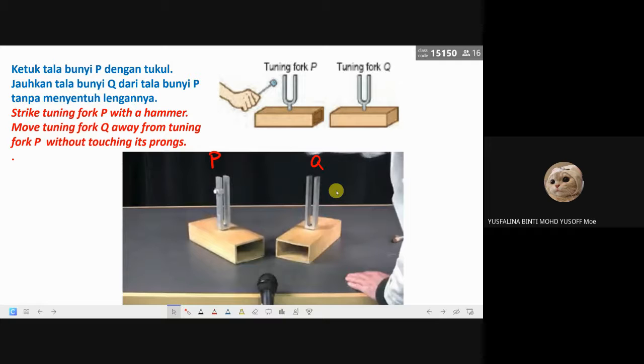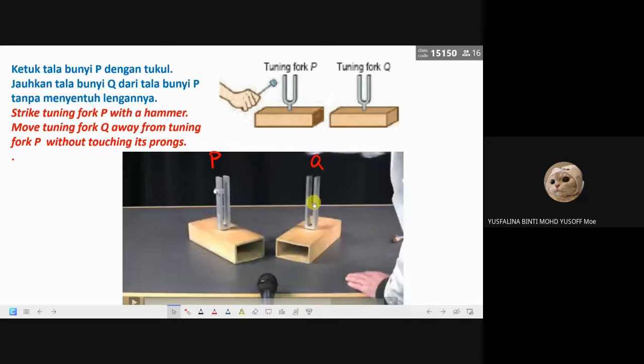This means they didn't reach resonance. Resonance is reached when you can reach the other object. Just now you hit Q, and Q has its own natural frequency.